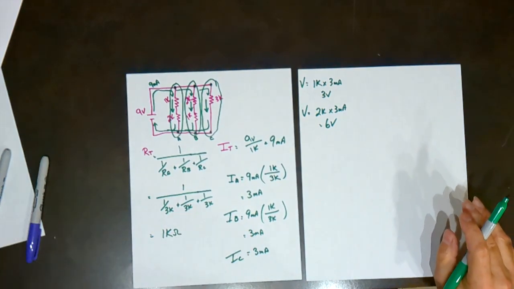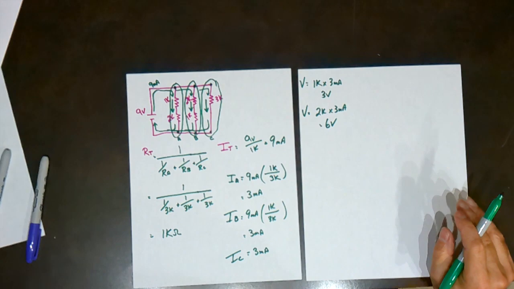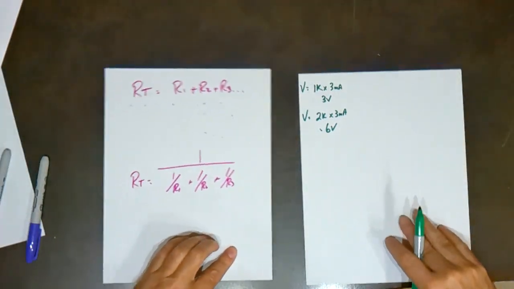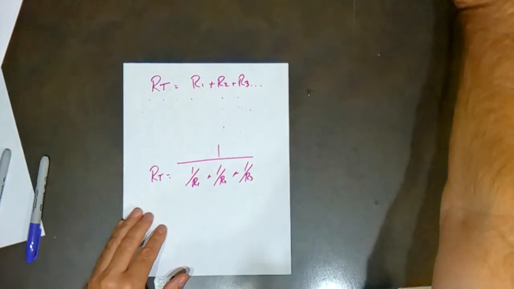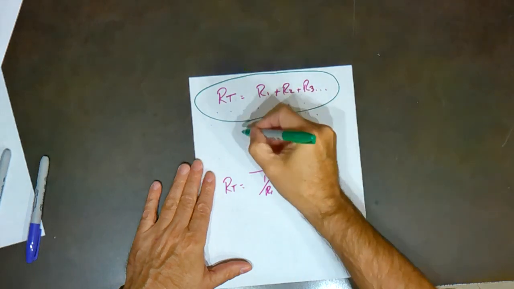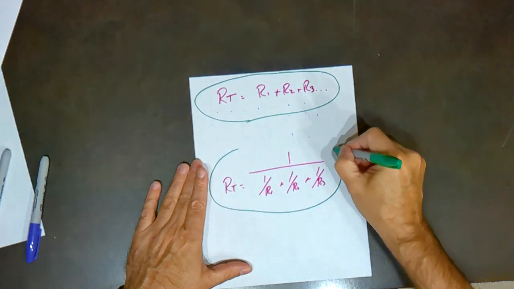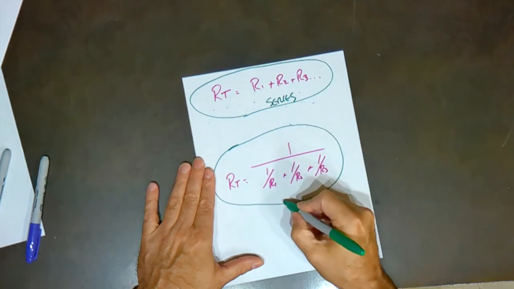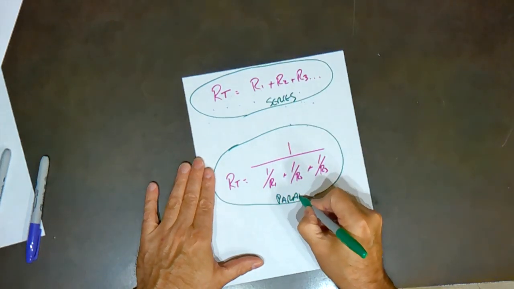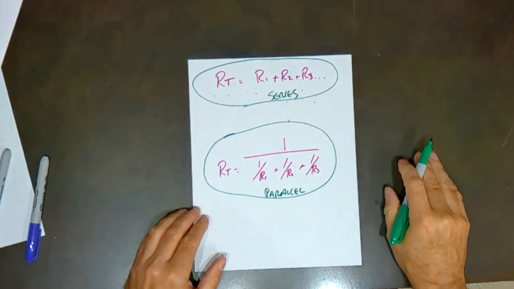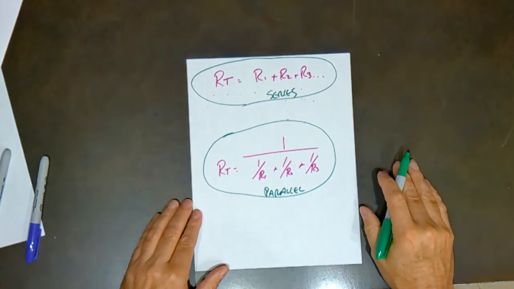So the trick to solving any of these circuits is to be able to recognize which one of these formulas you can utilize. Again, this one is for series, this one is for parallel. And since we're dealing with series parallel circuits, there's no formula for it.